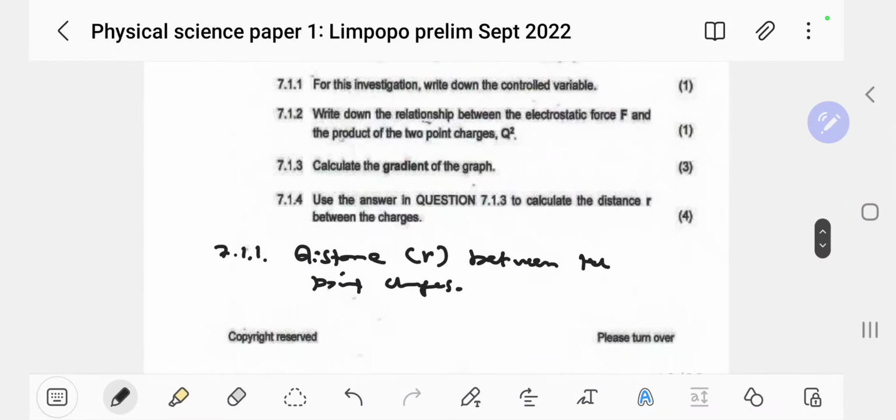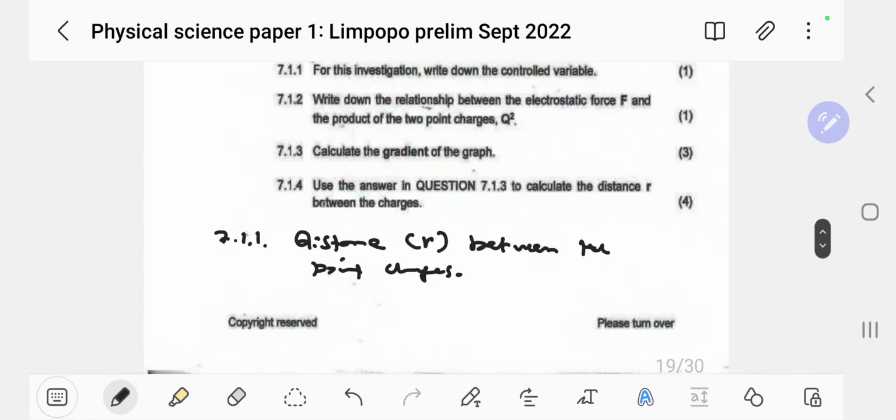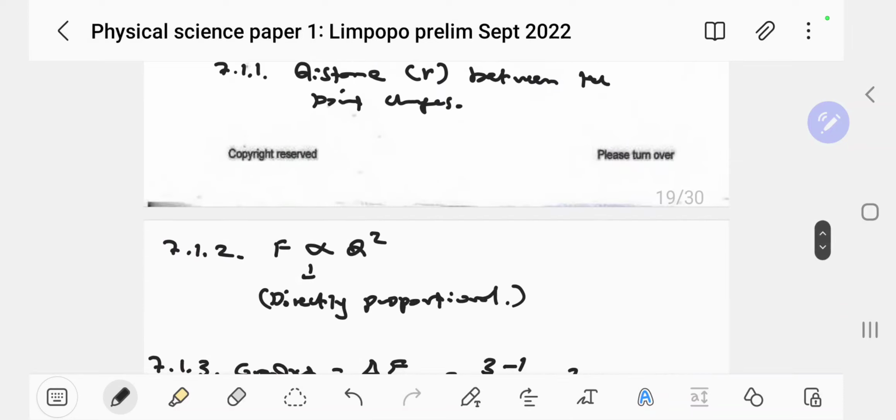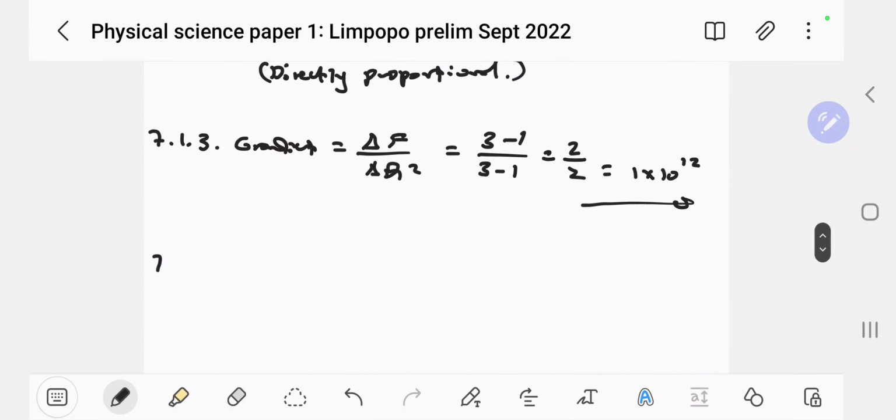Let's quit wasting time. Now we are told here, use the answer in question 7.1.3 to calculate the distance r between the charges. Okay, not a problem. So this is 7.1.4. So anyway, we know the electrostatic force from Coulomb's constant is k, Q1, Q2 over r squared.